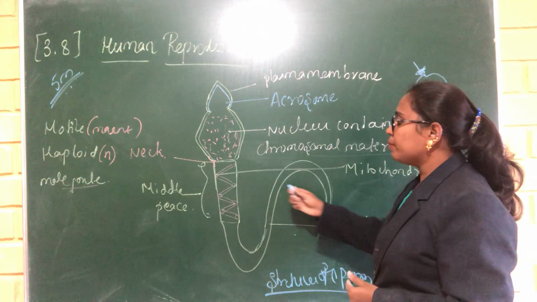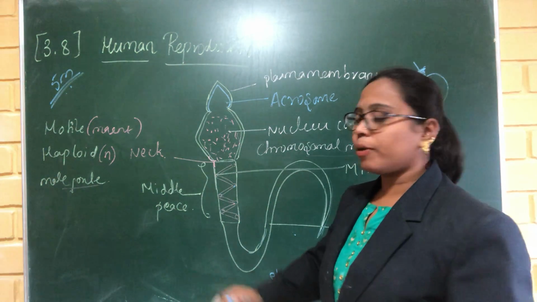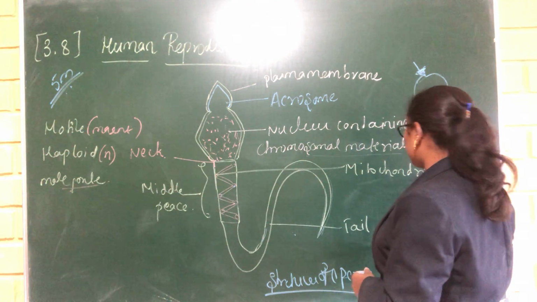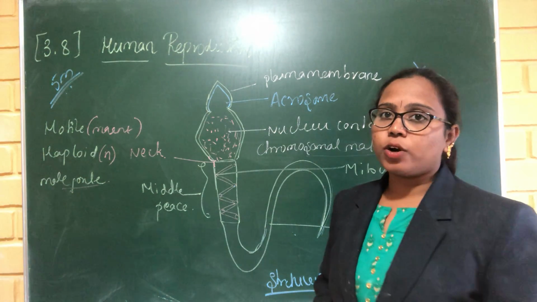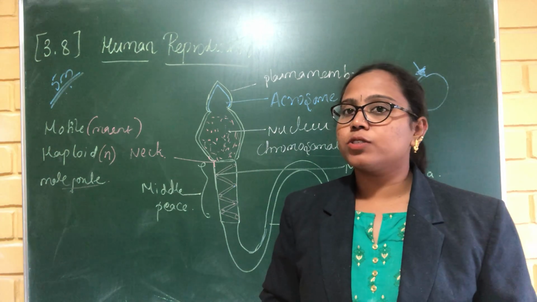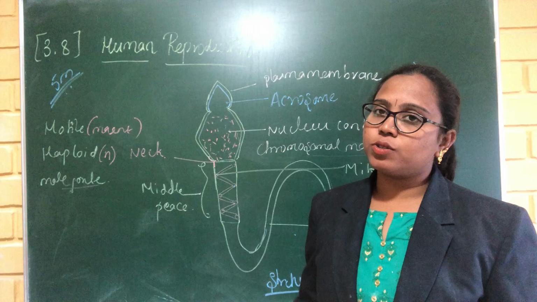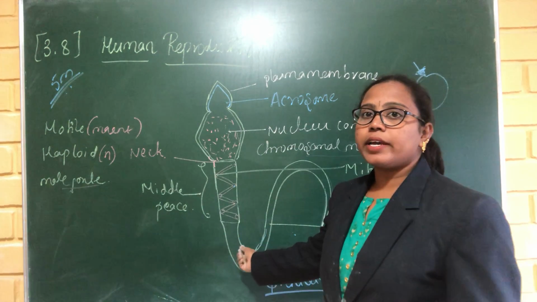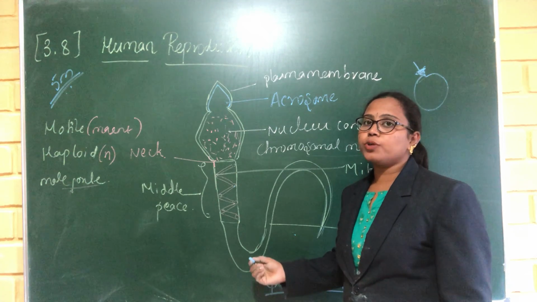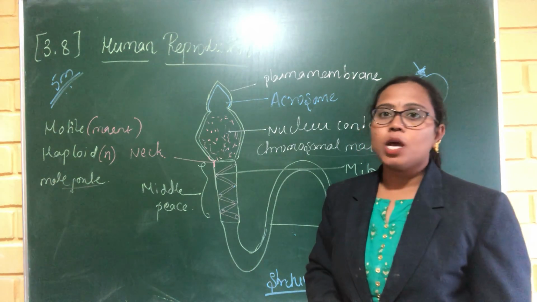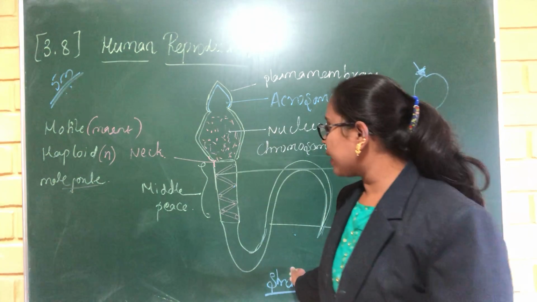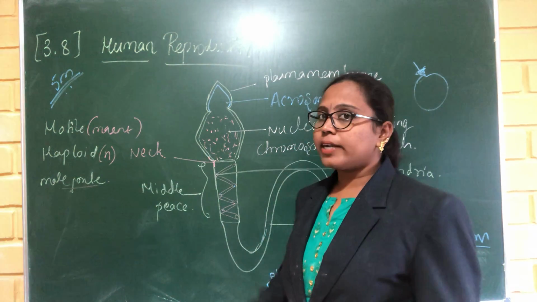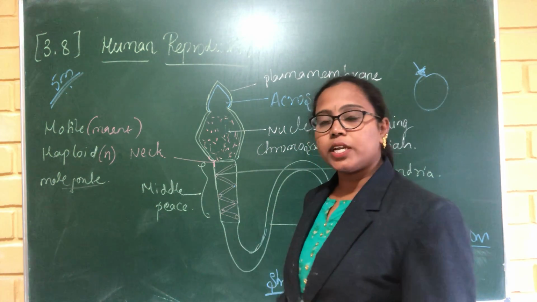The middle piece region consists of numerous mitochondria, the powerhouse of the cell, which produce energy in the form of ATP. The posterior part is the tail region, which helps in motility.